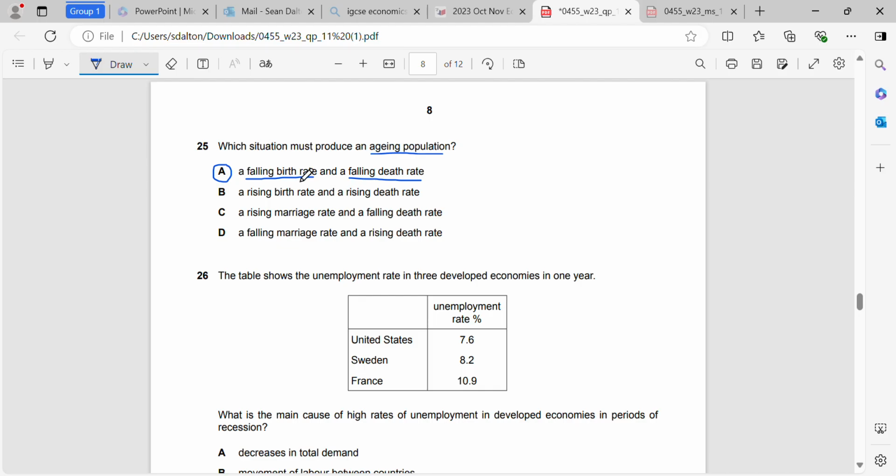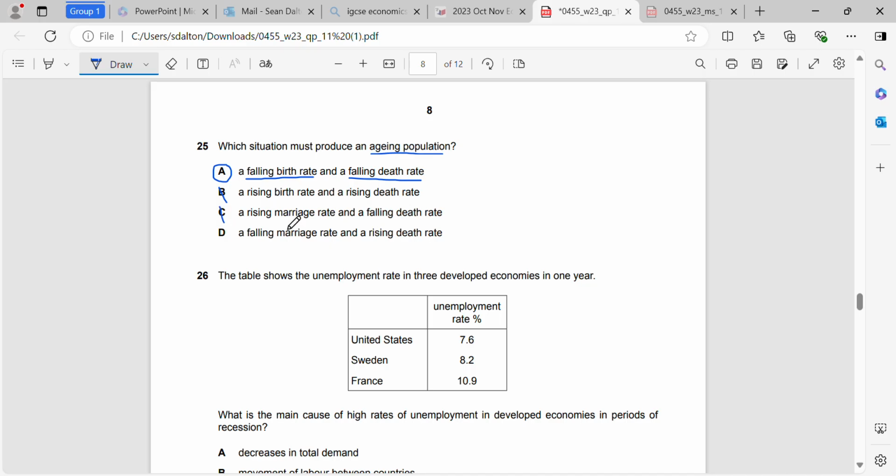So if we have less people being born and people living for longer, we would have an aging population. In B, if we have more people being born and more people dying earlier, then that will not have an aging population.